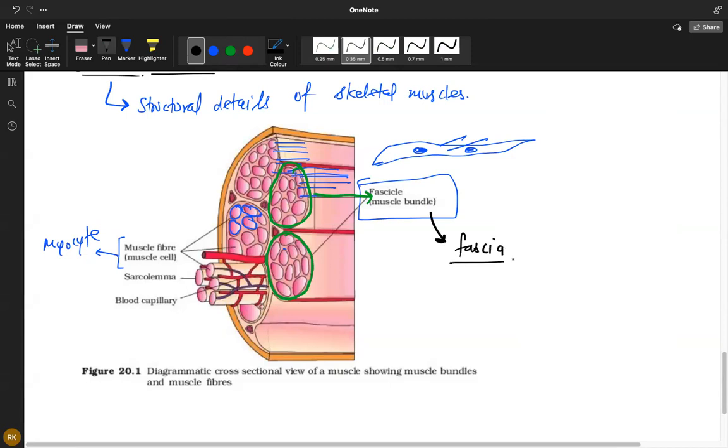Okay, so write down: each fascicle is an organized skeletal muscle bundle which is held together by a common connective tissue layer called fascia. And fascia is made up of collagen.